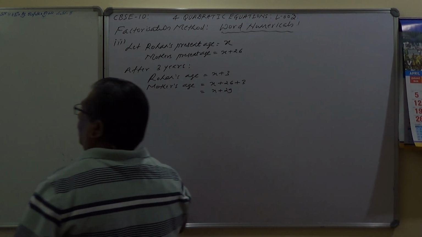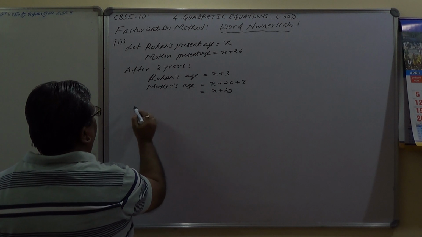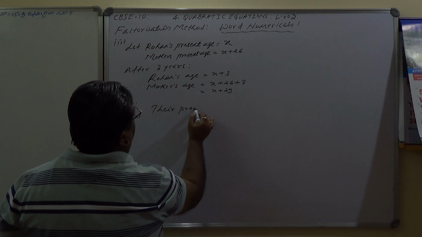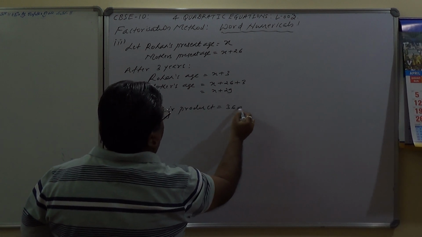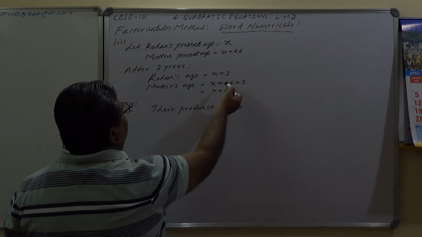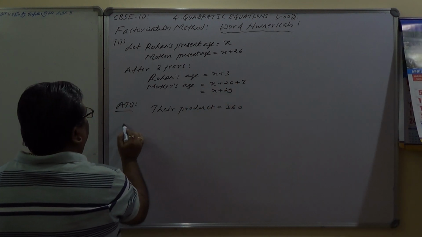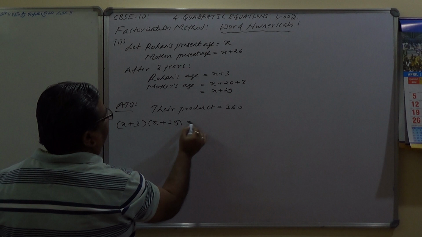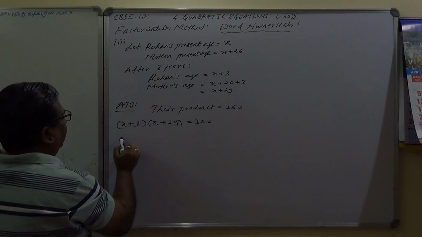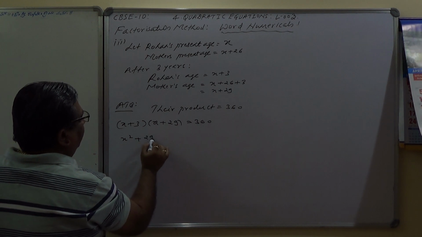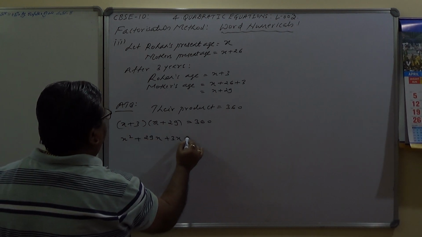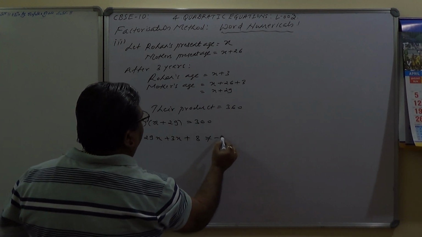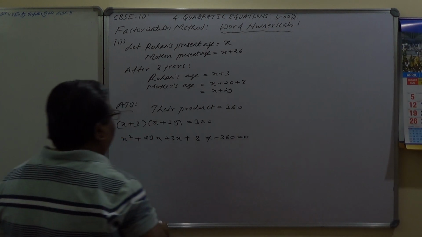According to the question, their product equals 360. What is the product? x plus 3, Rohan's age, into mother's age. x plus 3 into x plus 29 equals 360. x into x, x square, plus 29x plus 3x plus 87 minus 360 equals 0.